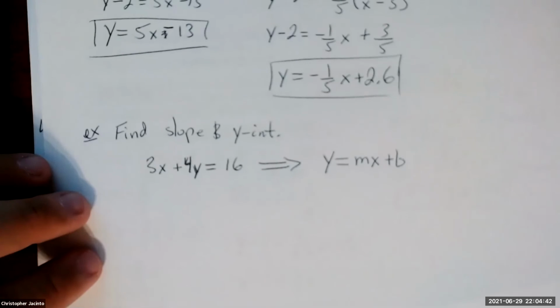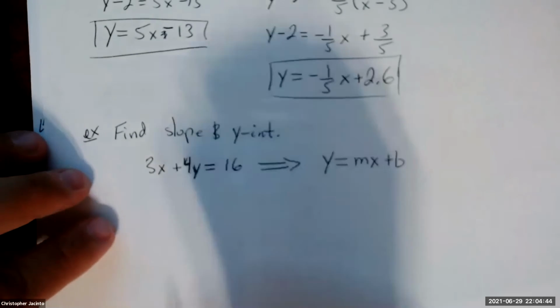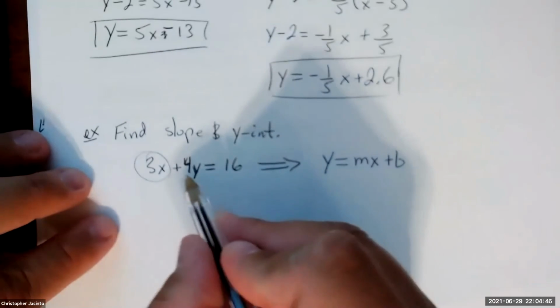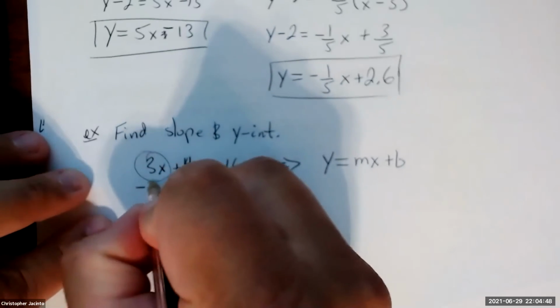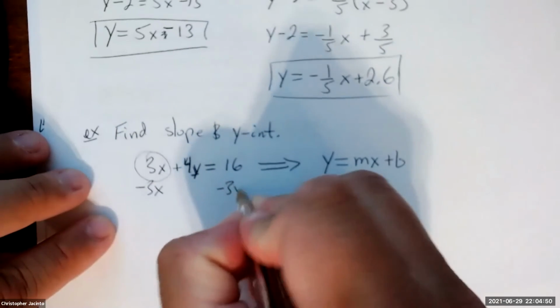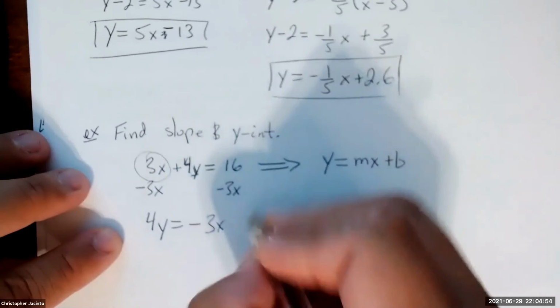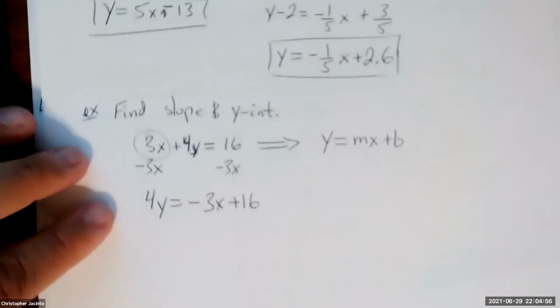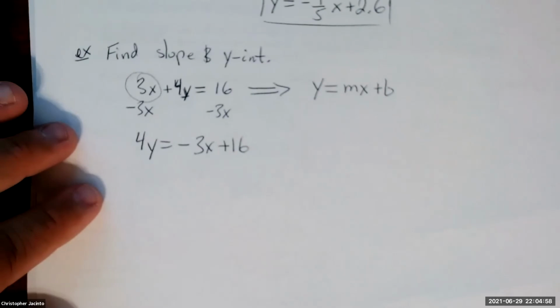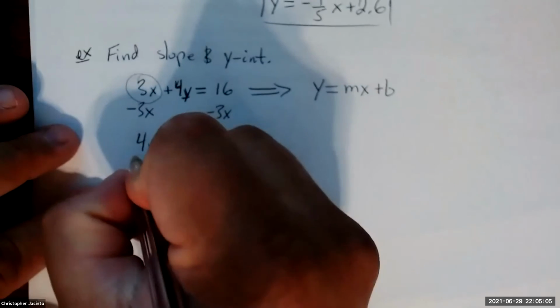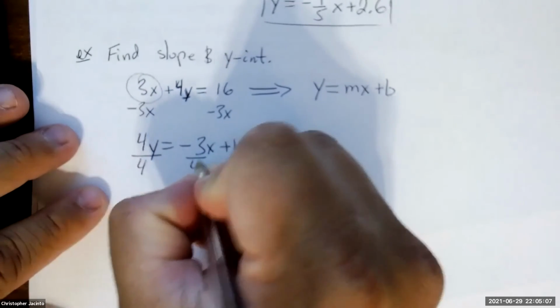So again, going back to solving situations. First thing we're going to do is get rid of this because we want this by itself. So we're going to subtract 3x from both sides. These are unlike terms, so you just treat them like unlike terms. And then lastly, divide everything by 4.